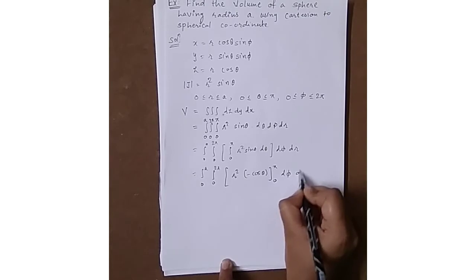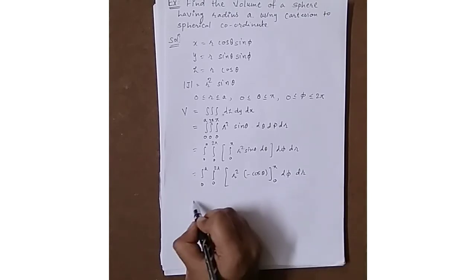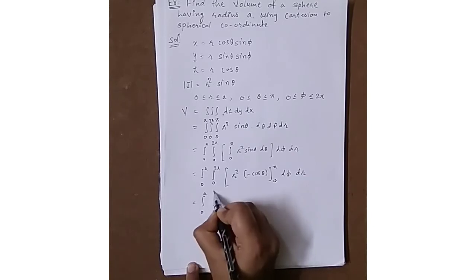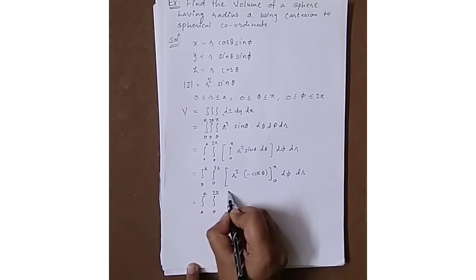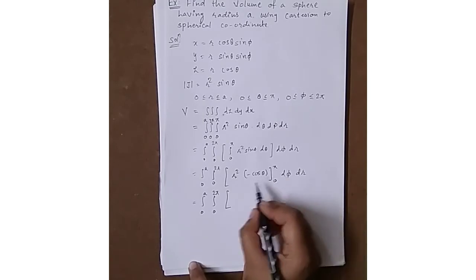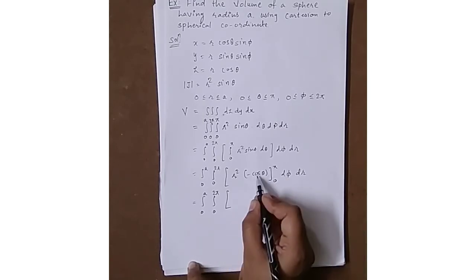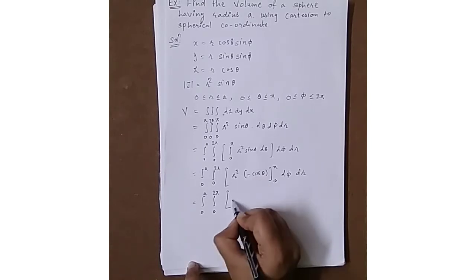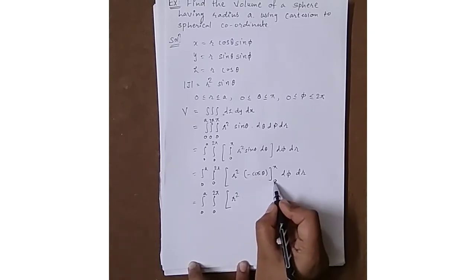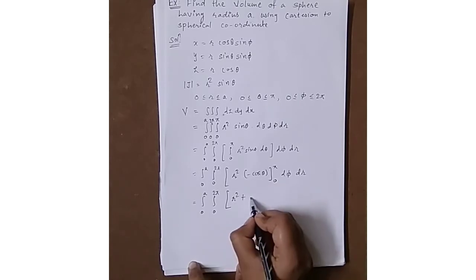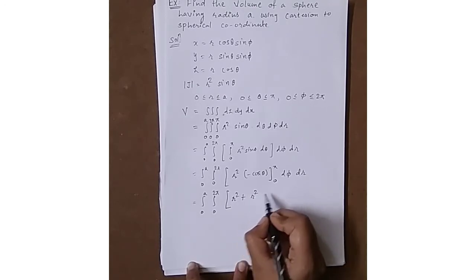Putting theta equal to pi first, cos pi is minus 1, so minus into minus is plus, giving r square, and cos 0 is 1, so minus, minus gives plus, and that is also r square.